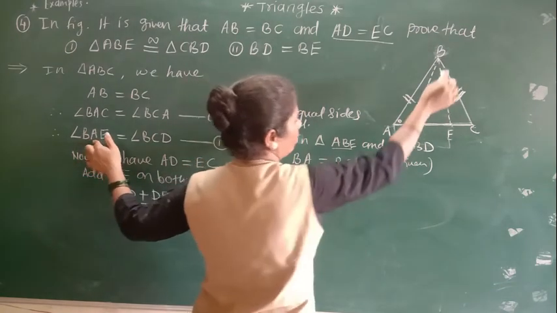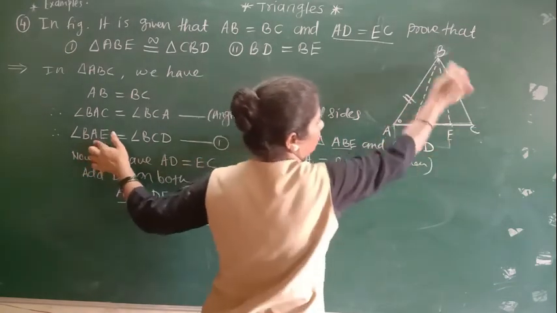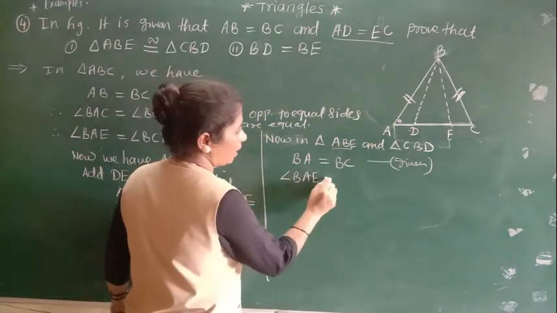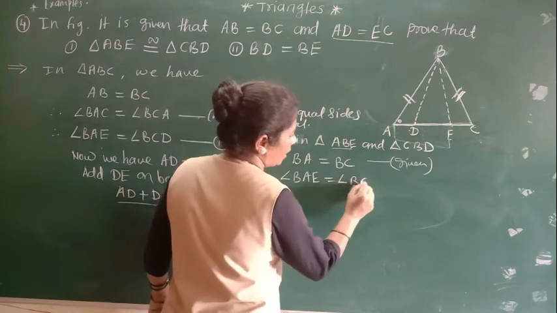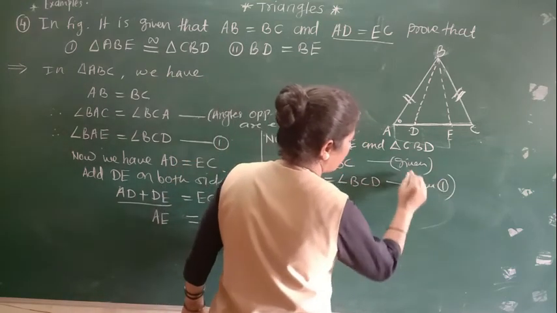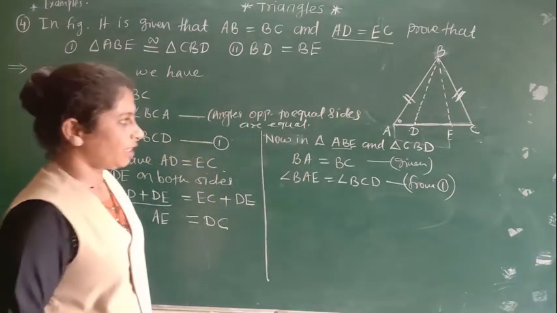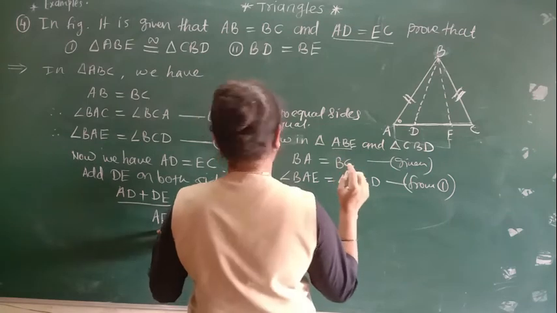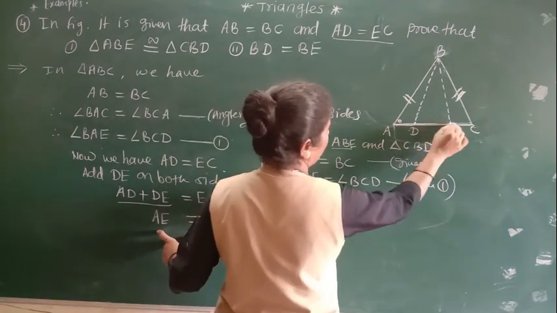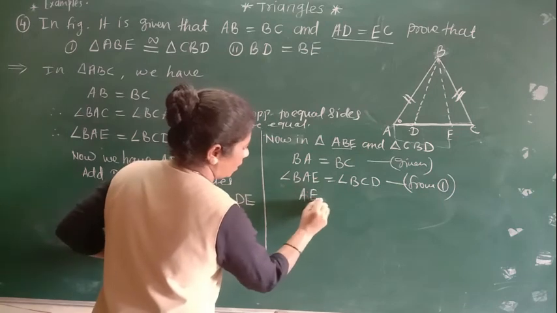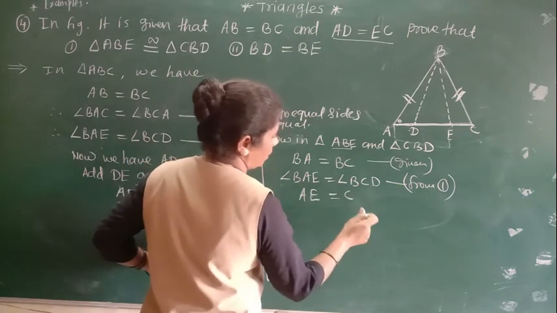And BCA means BCD. So angle BAE equals angle BCD, which we wrote from the first. Again, just now we have got AE equals CD.